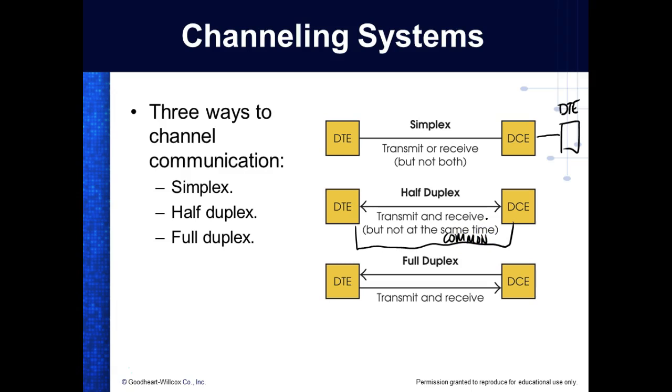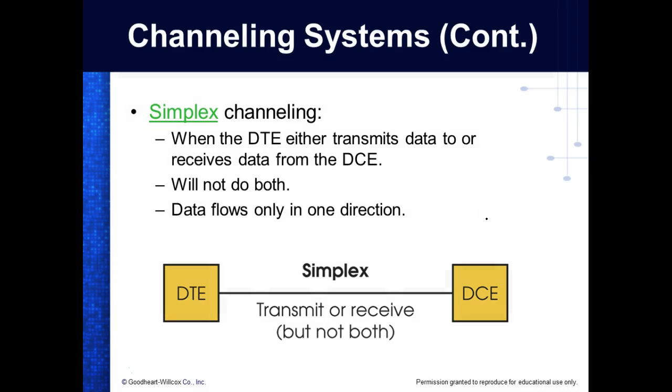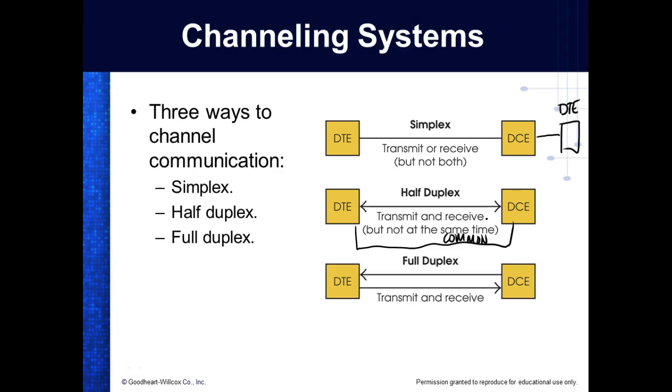Are we okay? I thought we'd already gone through simplex, duplex, and full duplex. Yeah, but this drawing in your book is not exactly right. There will be no DCEs by itself. Somewhere out here we got to have a DTE out here.